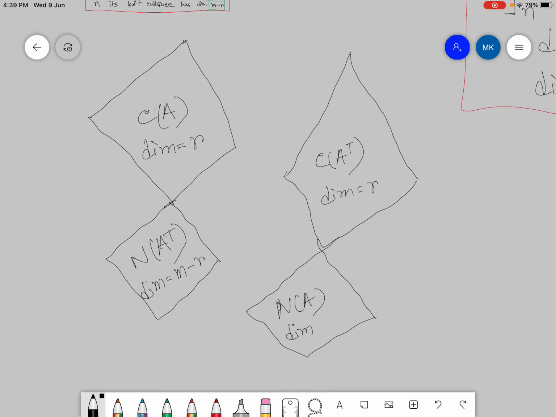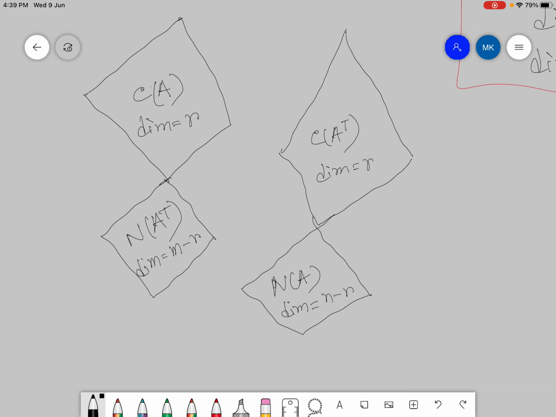They're not in the column space, they're in Rn, okay. So the dimension here is n minus r, okay. This relation is because of an m by n matrix of rank R, and these two subspaces are in Rn, and these two subspaces are in Rm, okay. So this is the big picture.